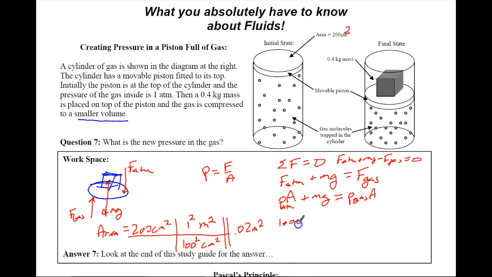We get about 100,000 for this value for pressure. Area is 0.02 plus, and then we've got 0.4 times about 10, and that's equal to the pressure of the gas times that 0.02 square meters again. So when you're done, you should end up with a pressure in the gas equal to 100,200 pascals. So that is how you do that problem.